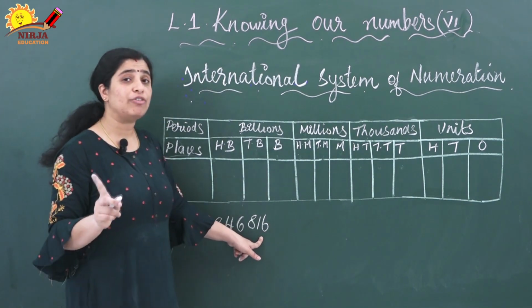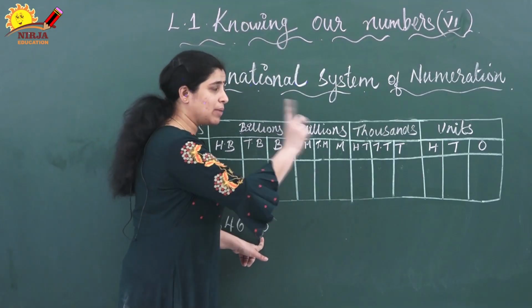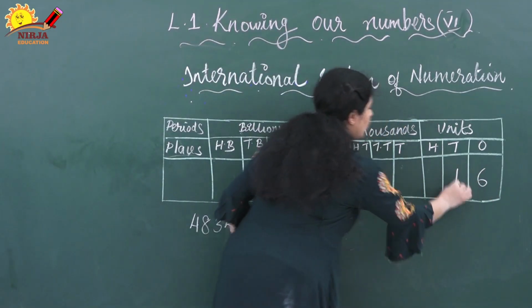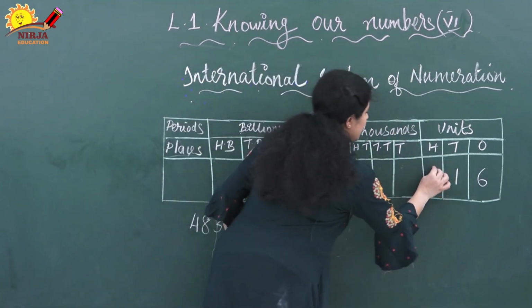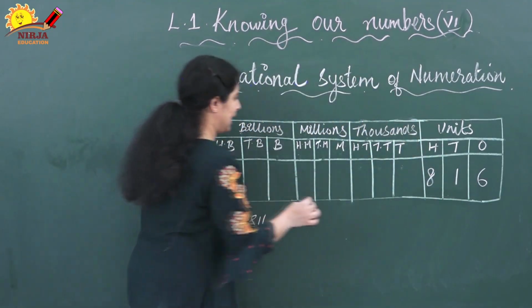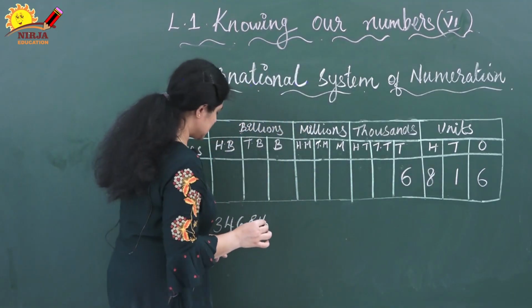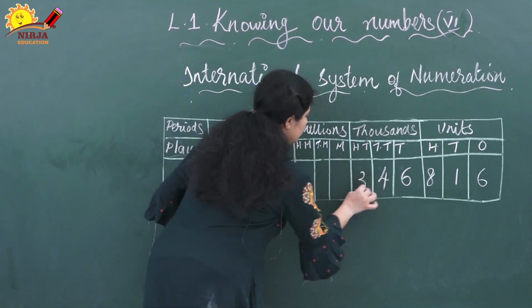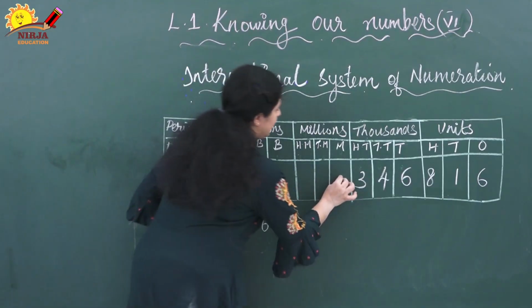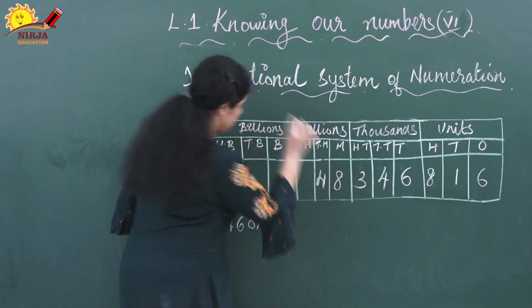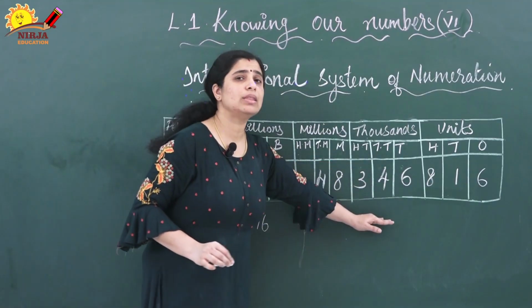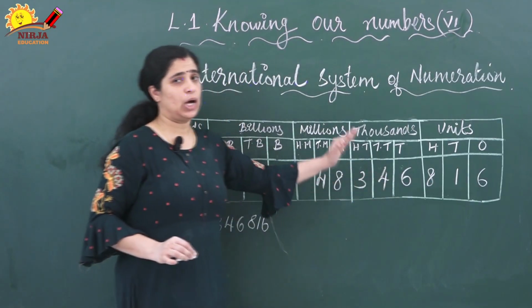So I am starting from the right. 6, then 1, then 8, then again 6, 4, 3, 8 and 4. So I entered these numbers into this table.